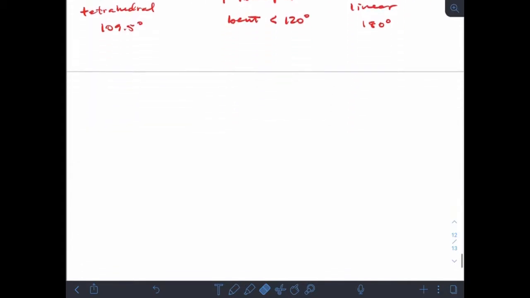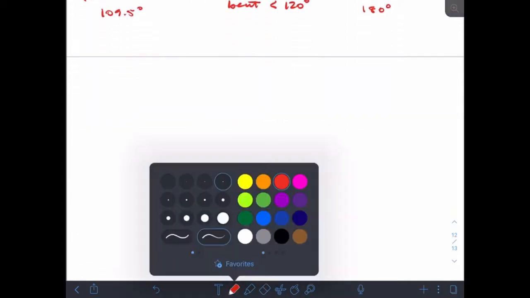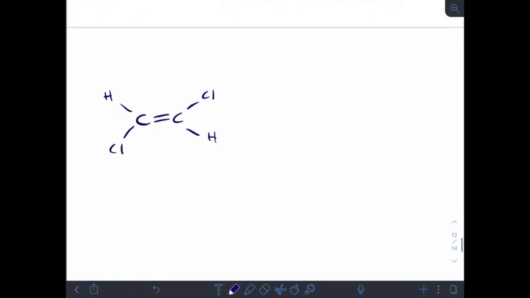Now our last topic is about the terminology that we use to talk about different versions of the same molecule. Right, so if I have one that looks like this, my formula will be C2H2Cl2. Okay, but I could just as easily draw this molecule in several different ways.